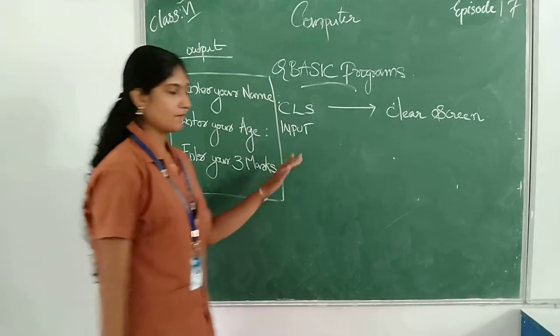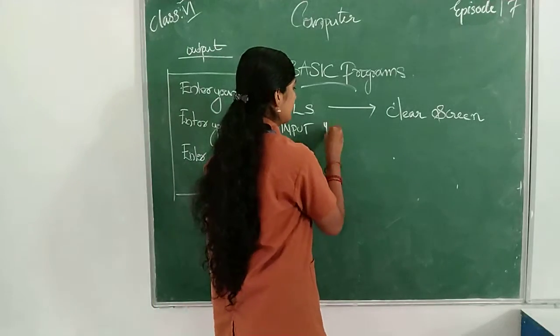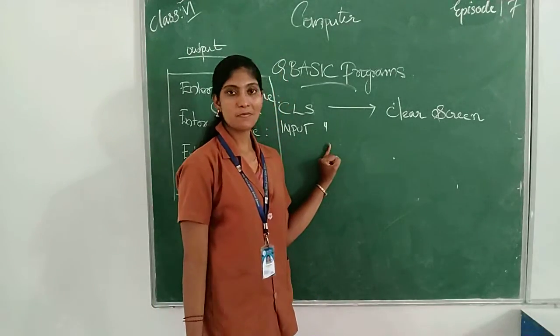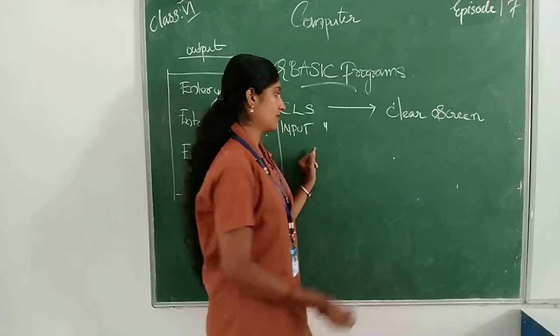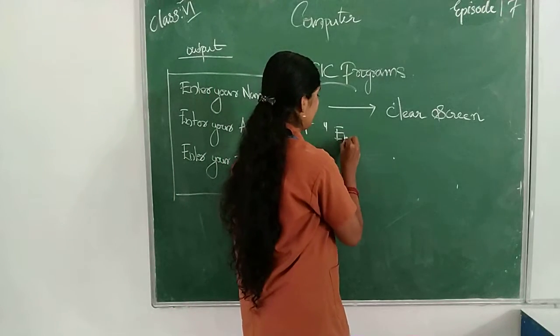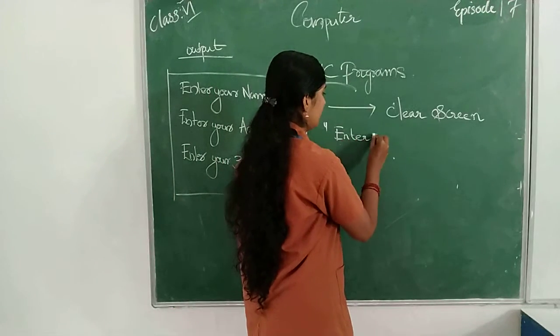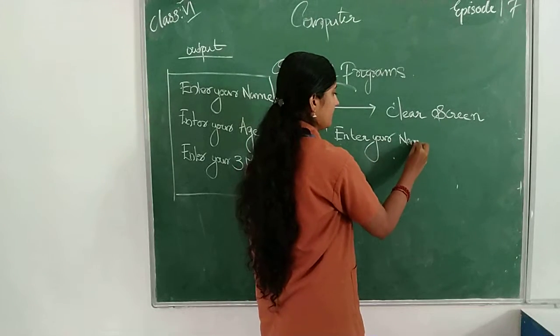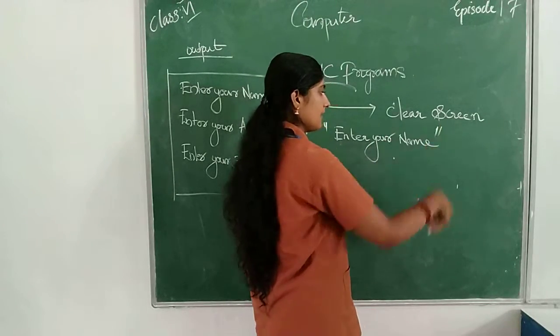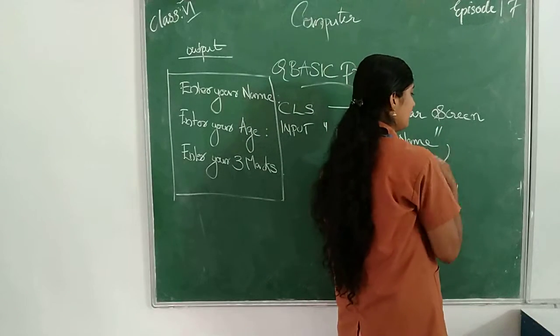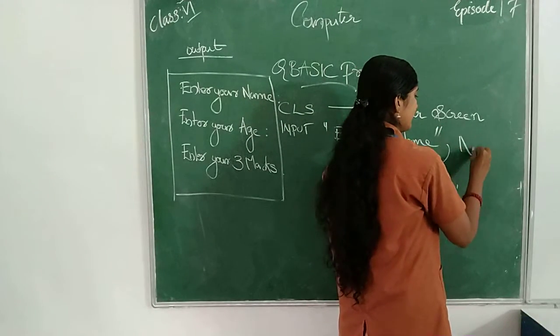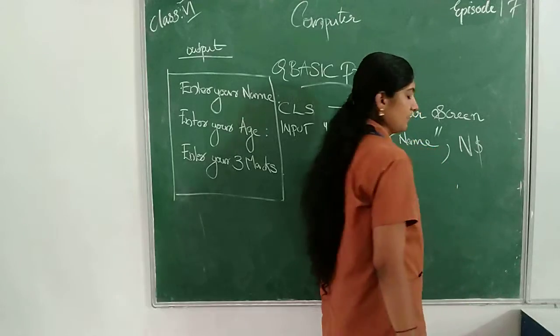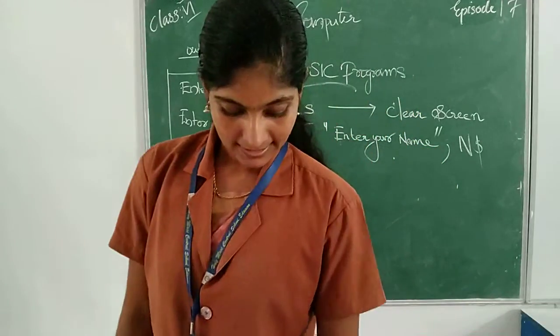So the program should be INPUT. We know strings should be written within quotes. So Enter your name, then a semicolon, then n dollar symbol.